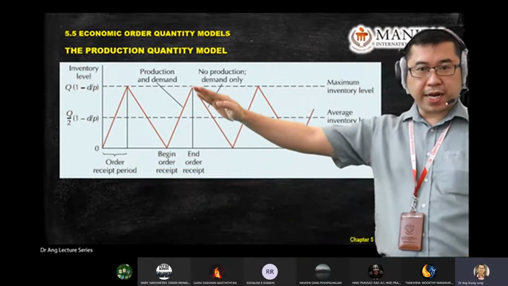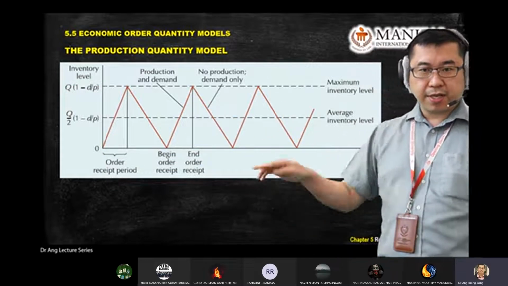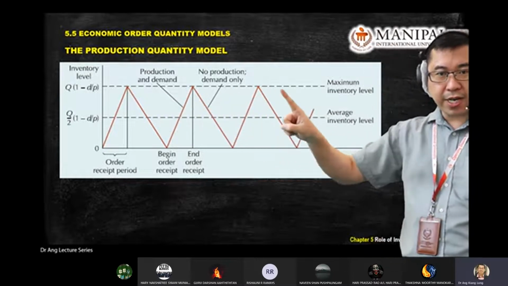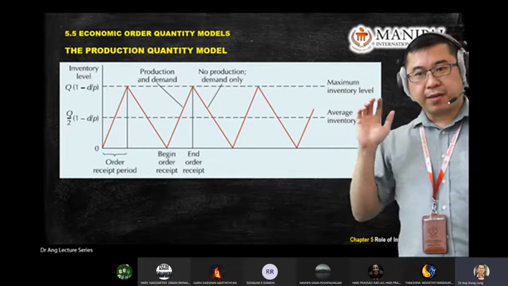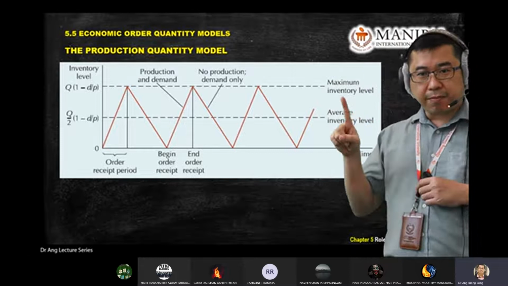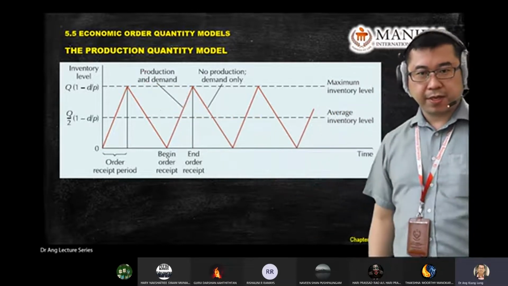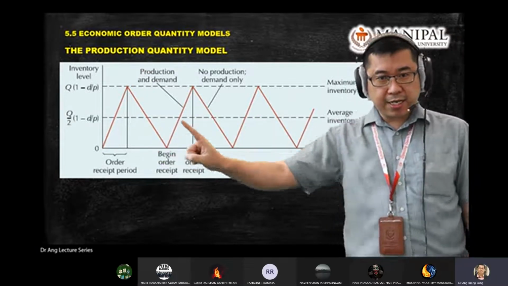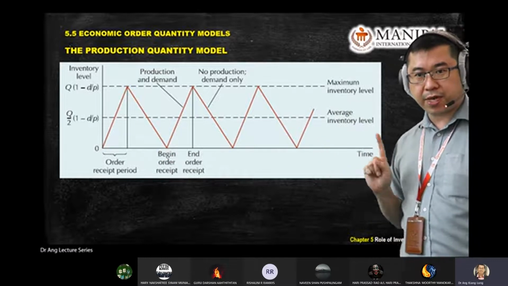So what are the important lines for the production quantity model graph? There are 2 lines. First, on the top, this dash line is called the maximum inventory level, meaning the maximum capacity that you can store inside your factory. You reach the maximum inventory at one point and then you go down. Then there's another line called the average inventory level. This is important for your calculation later.